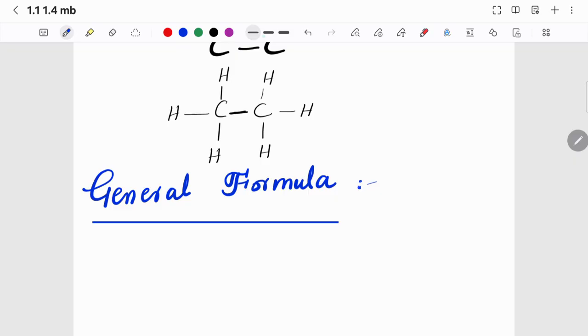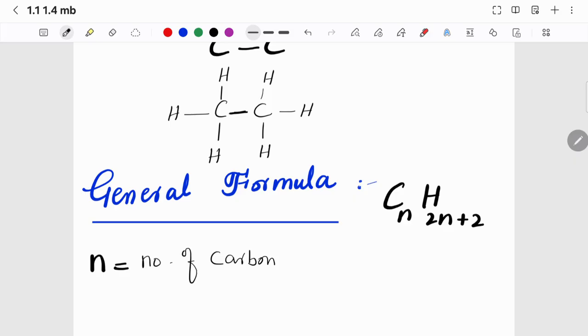The general formula of the alkane is CnH2n+2, where N is the number of carbon atoms in the alkane molecule.